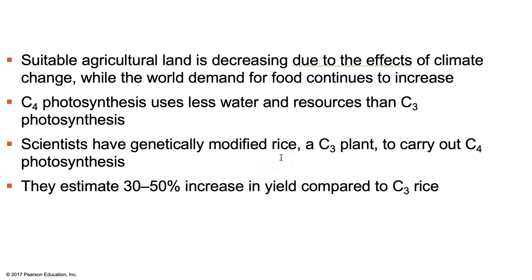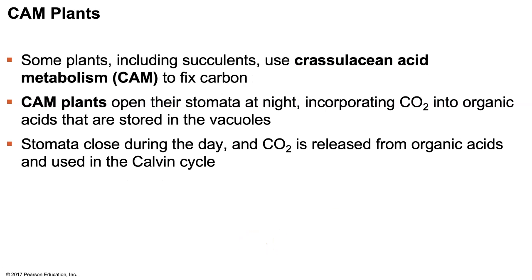This is what GMOs are, genetically modified organisms. So they were able to modify a C3 plant into carrying out C4 photosynthesis. And they estimated that doing this increased yield by 30 to 50% in comparison to rice that is utilizing C3 photosynthesis. And finally, we have CAM plants.